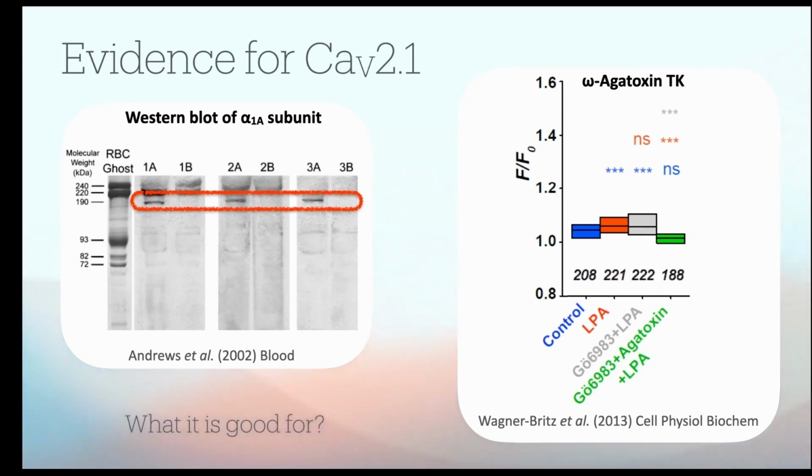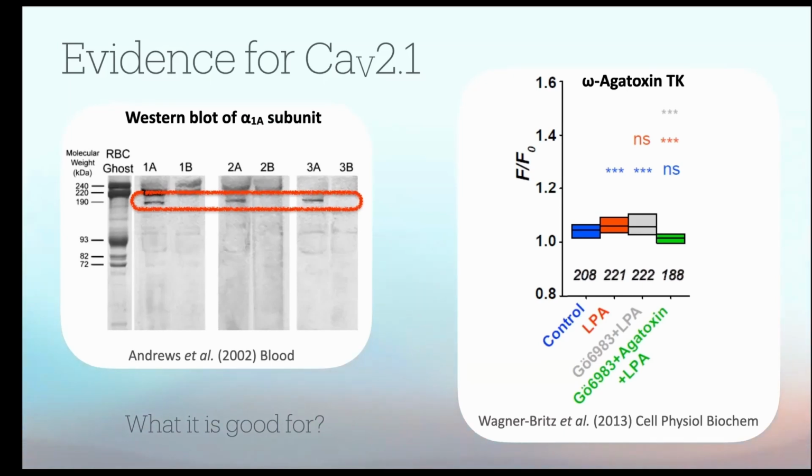Because the CaV2.1 is, as the name already indicates, a voltage activated calcium channel. Since I just told you the red blood cell is a prototype of a non-excitable cell, well, why a voltage activated channel should make sense.